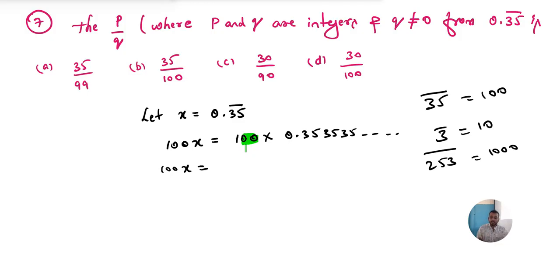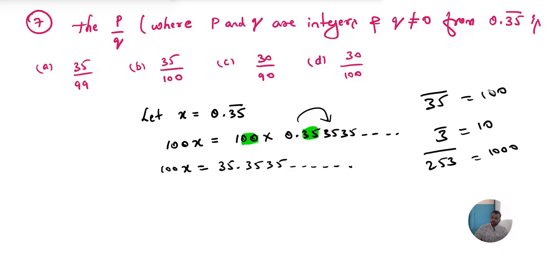It means the decimal point will shift 2 digits after. 100 multiplied by 0.353535 means the point shifts 2 digits ahead, so it becomes 35.353535. Any doubts? No. Very good.